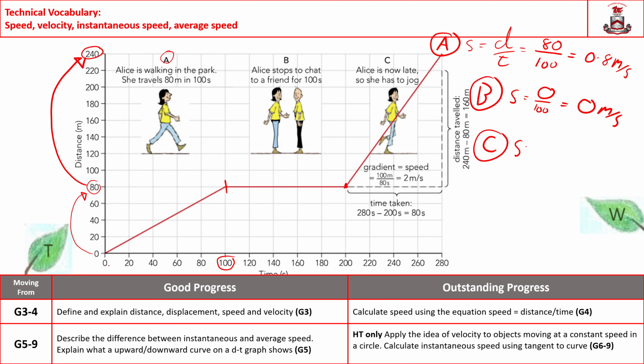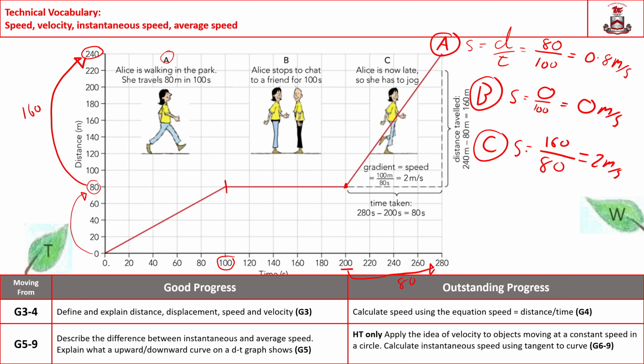So her speed equals, she moved 160 meters, because from 80 to 240, that is 160 meters. This was in the space from 200 to 280 seconds. So that time she took getting from 200 to 280, that was 80 seconds in total. So 160 divided by 80 equals 2 meters per second.